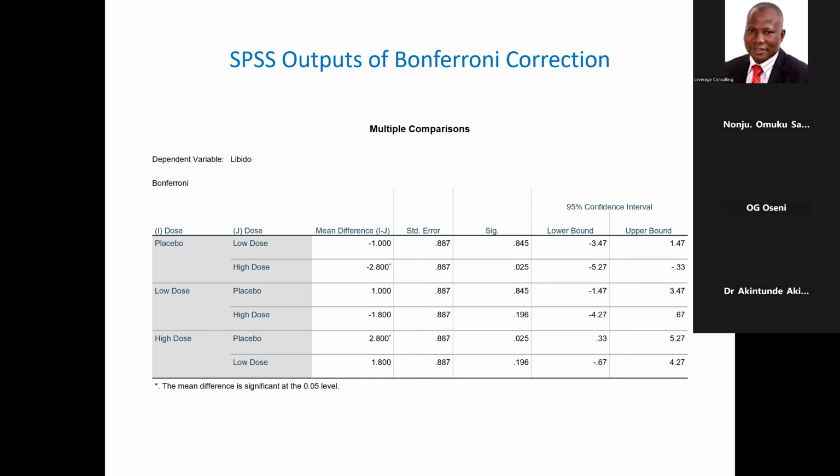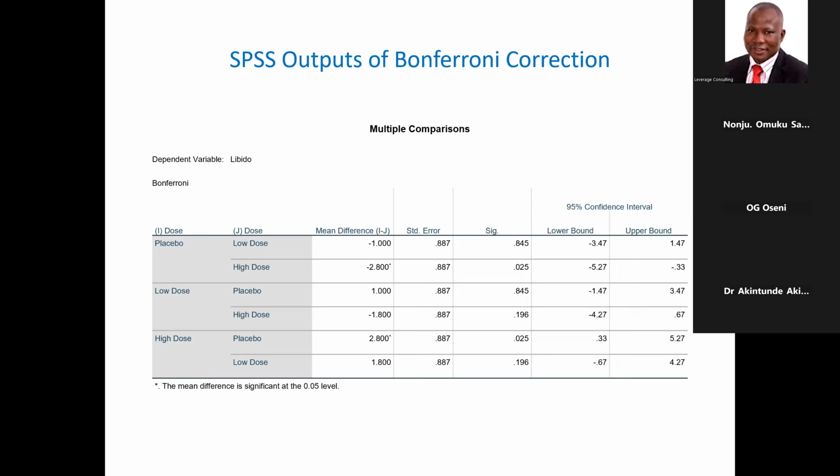Look at this Sig, the p-value. In SPSS, the p-value is denoted as Sig, for significance. Look at where the significance is now. Which one is significant? You see, placebo and low dose is 0.845. Placebo and high dose is 0.025.